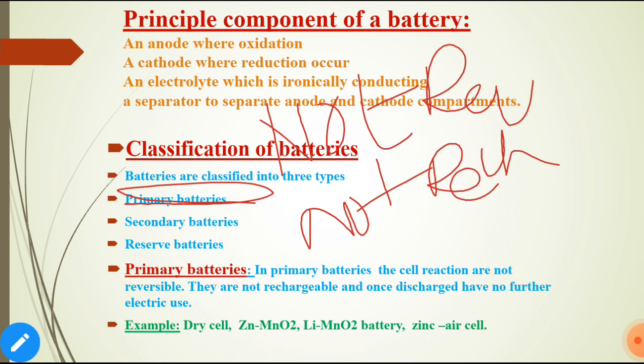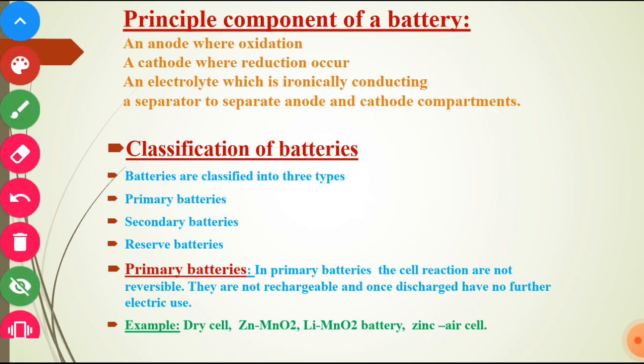Examples of primary batteries are the dry cell, zinc manganese dioxide, lithium manganese dioxide batteries and the zinc-air cell.